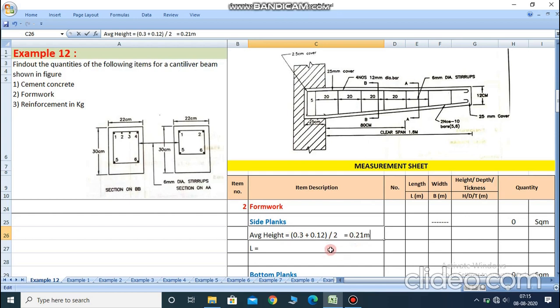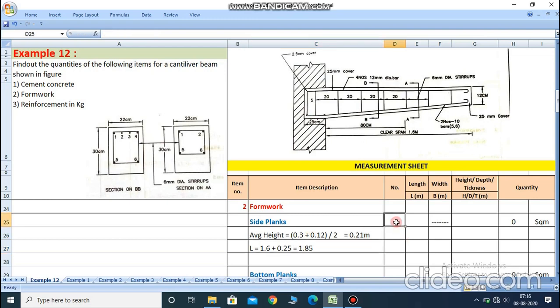Now the length of the formwork, from the free end to the fixed end. The clear span given is 1.6 meter, and 25 centimeter is fixed in the wall. So 1.6 plus 0.25, because 25 is given in centimeter we convert it to meter. So 1.85 is the total length.